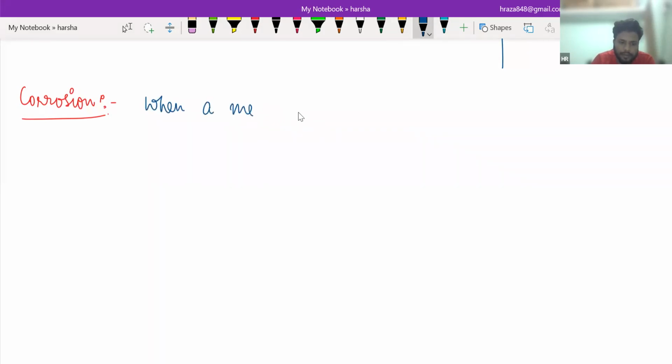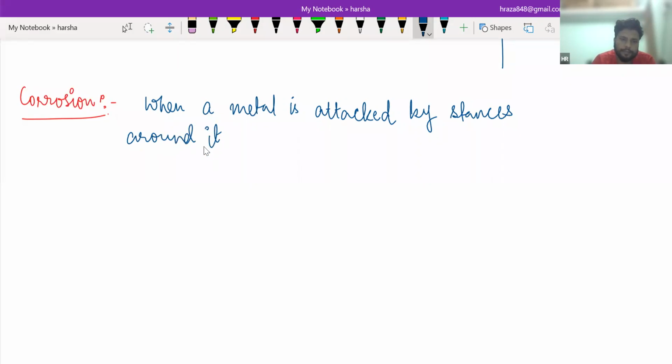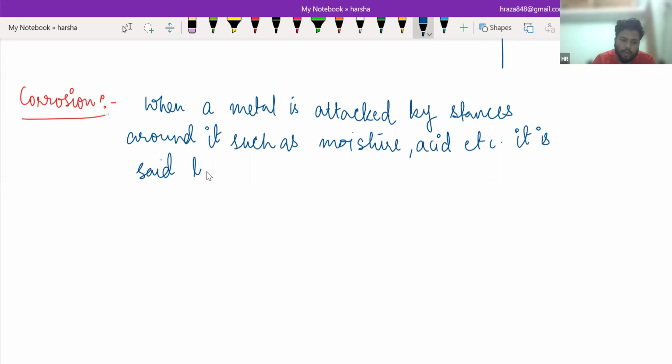When a metal is attacked by substances around it, such as moisture, acid, etc., it is said to be corroded.